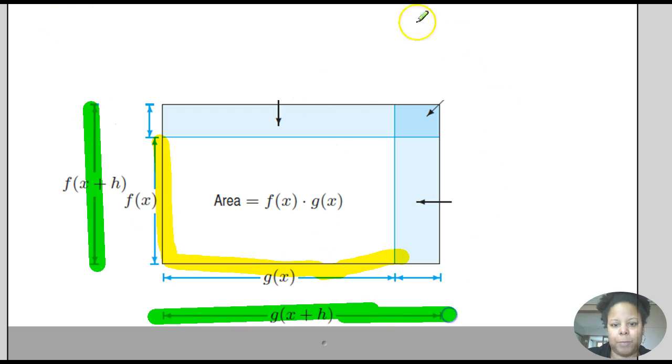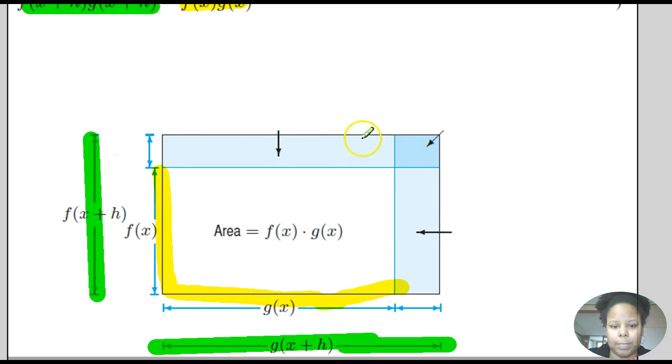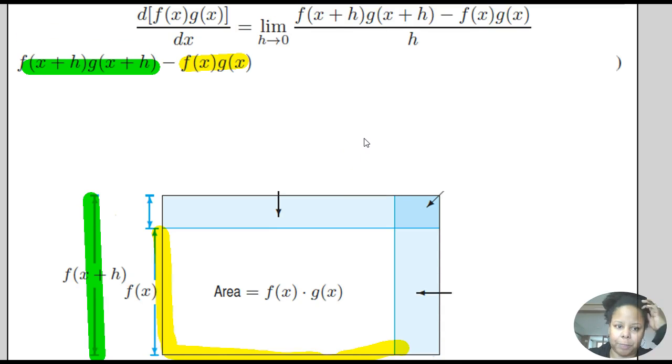Okay, so we have this bigger rectangle. And if I take a look at subtracting these two from one another, the result is what's left over in this shaded region.